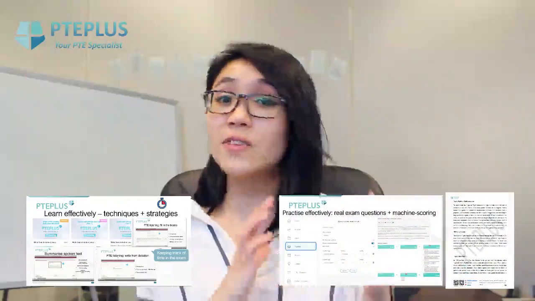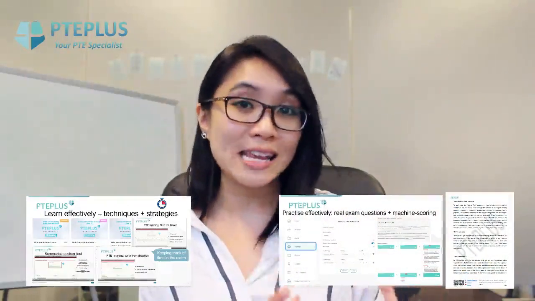So you can ensure you're learning the most effective techniques and strategies, and also practicing with the most effective questions and tools in the course, which has already helped thousands of students achieve their target PTE score.